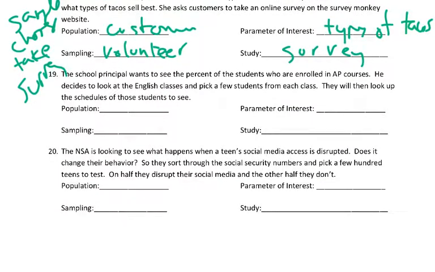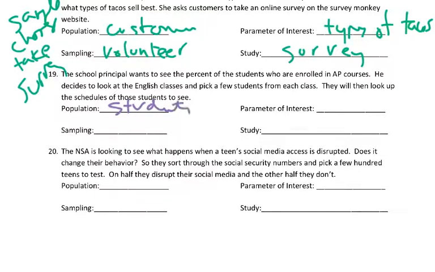Okay, number 19. The school principal wants to see the percentage of students who are enrolled in AP courses. He decides to look at the English classes and pick a few students from each class. They will then look up the schedules of those students to see. Okay, so he's looking at the English classes. So the population would be students.